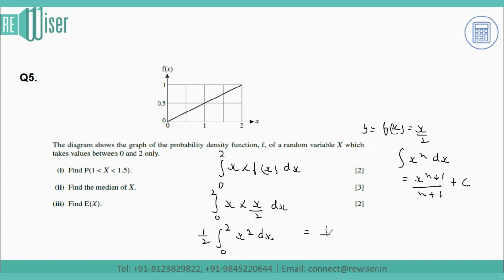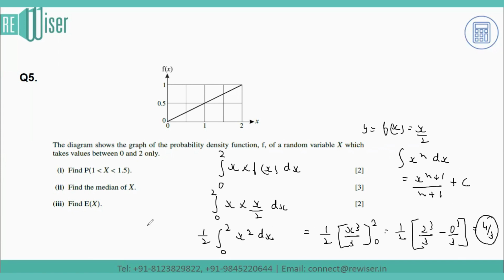Integrating, with the half outside, this becomes x cubed by 3 ranging from 0 to 2. I apply the upper limit first, which is 2 cubed by 3, minus 0 cubed by 3. Solving this, the answer is 4/3. That's my expected value for the given PDF. Thank you, students.